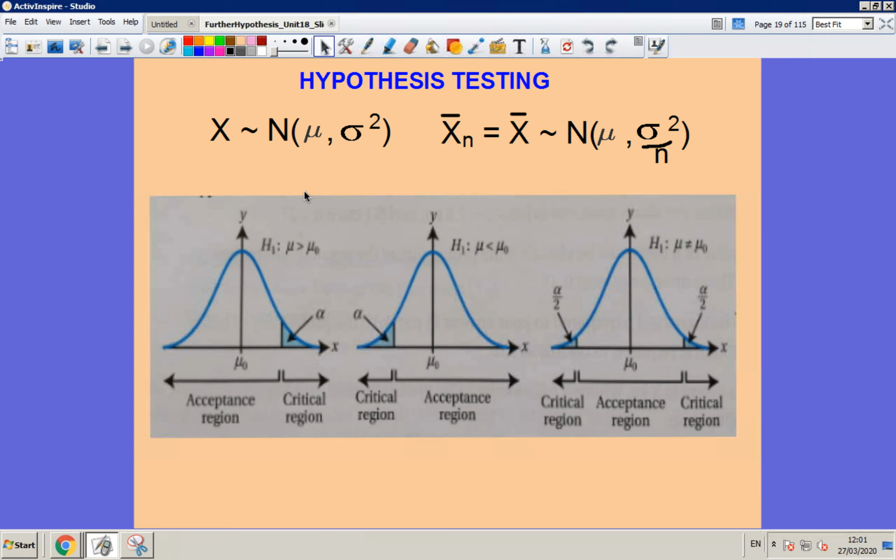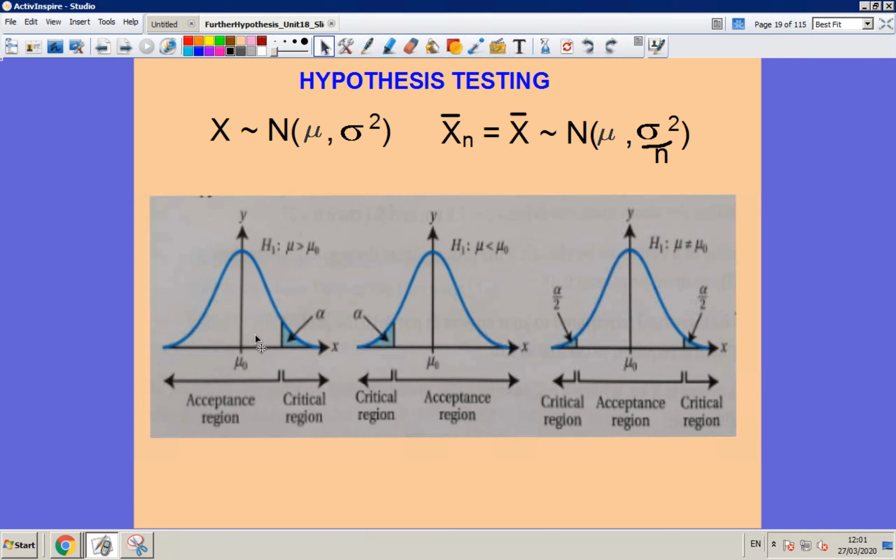So we're going to want to look at how likely or otherwise a particular event or particular mean is to occur, given our assumption that the population has a mean of mu. So you're going to have a null hypothesis and an alternative hypothesis, and then crucially you're going to have a sample mean.